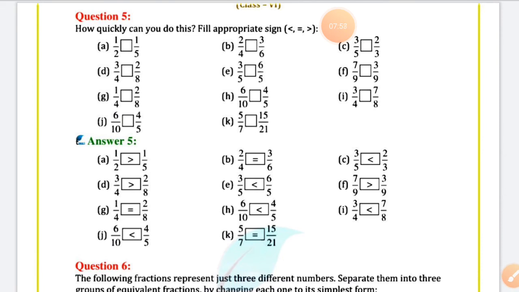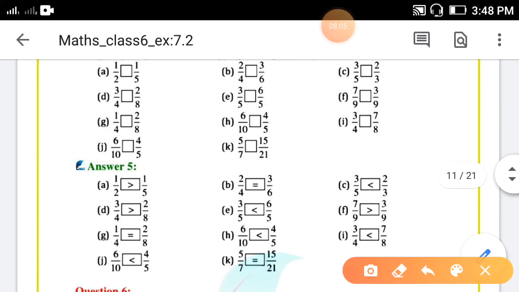Question number 5. How quickly can you do this? Fill in the appropriate sign: equal to, greater than or less than. First one, 1 by 2 and 1 by 5. Here in the fractions the numerator is the same and the denominator is different, so you have to check the denominator. Here 2 and here 5.